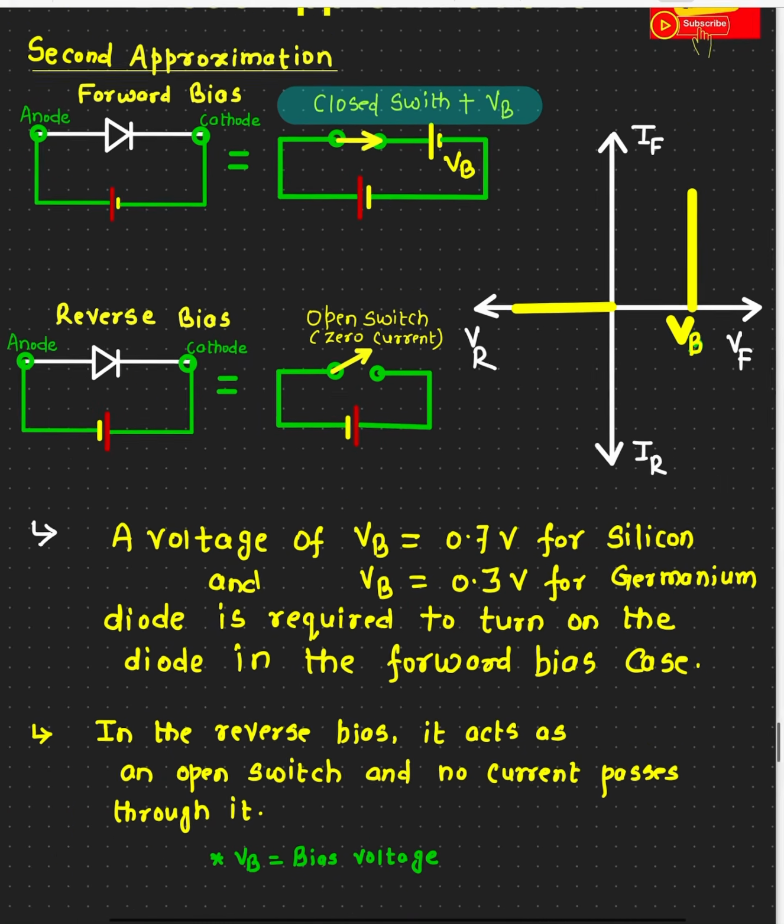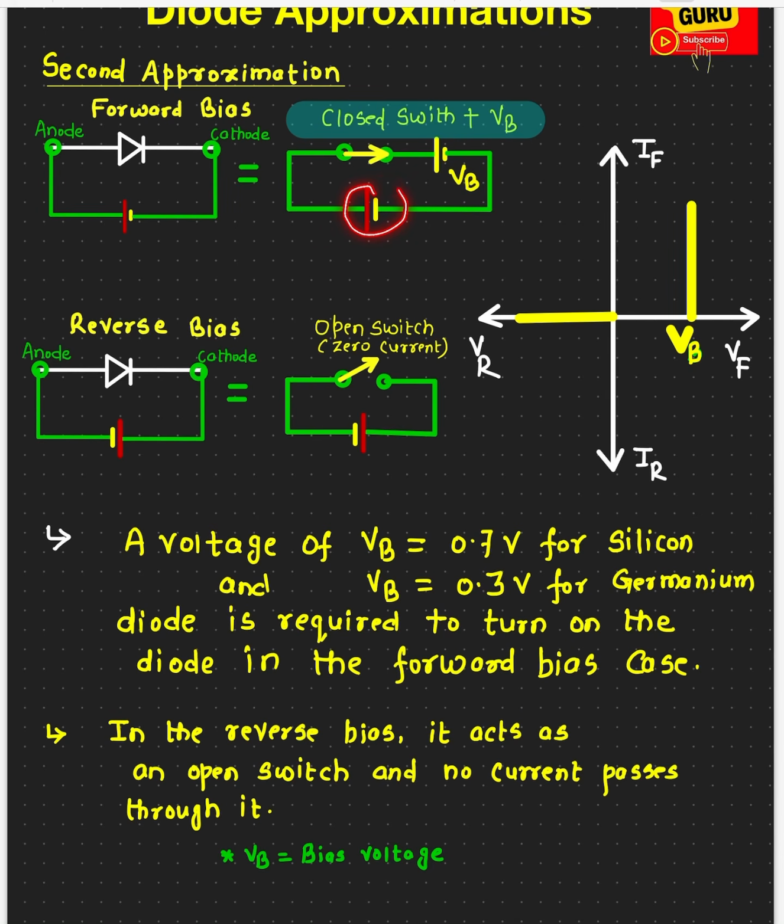So what does this mean? When I apply 0.7 volt, only in that case will you see the current through the circuit. Only if it is greater than or equal to 0.7 volt will the diode turn on. Before that, if you apply 0.65 or below, or let's say below 0.7 volt, the diode will not turn on.